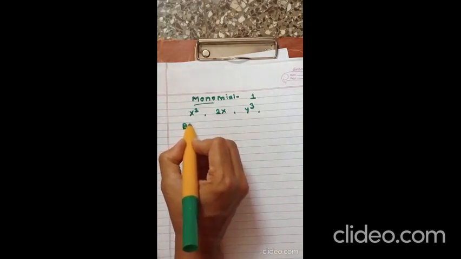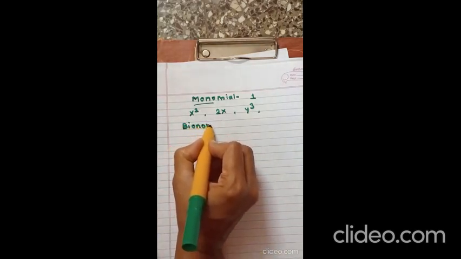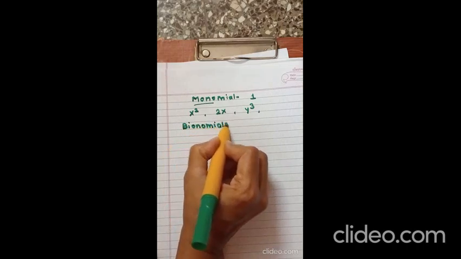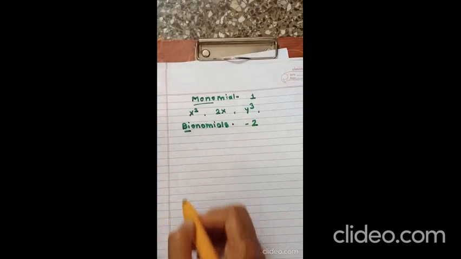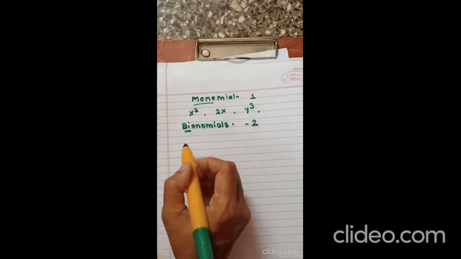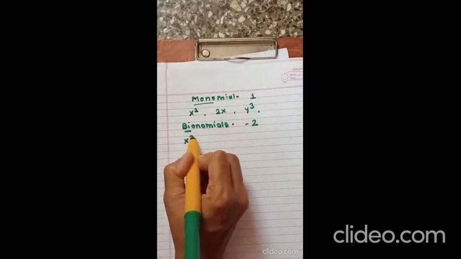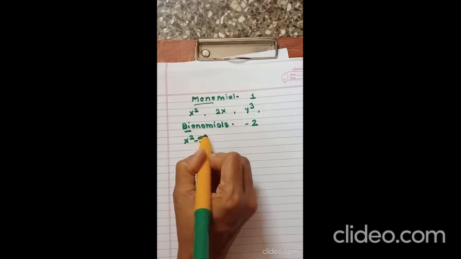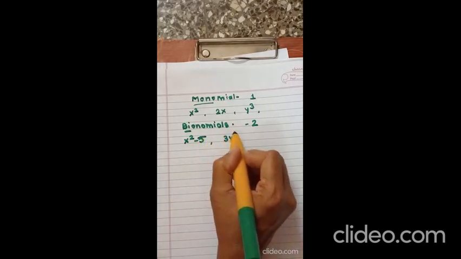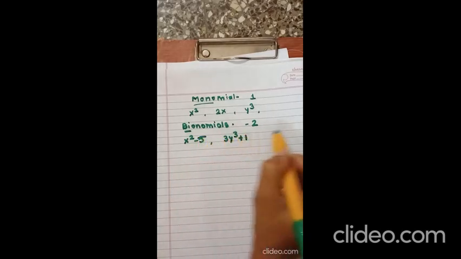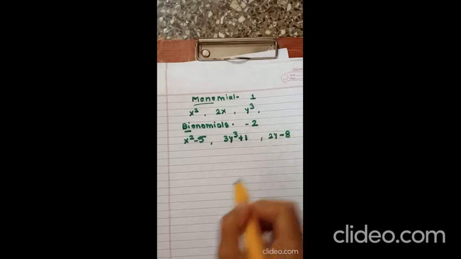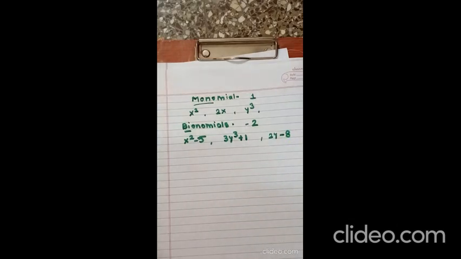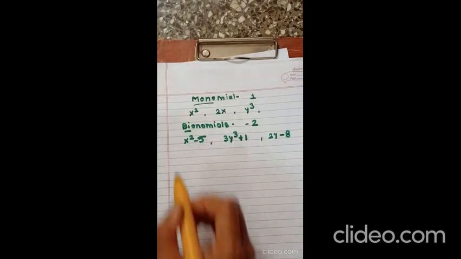What are binomials? Binomials means 2. The polynomial having 2 terms is called a binomial. x square minus 5, 3y cube plus 1, 2y minus 8. Examples of binomials having 2 terms.